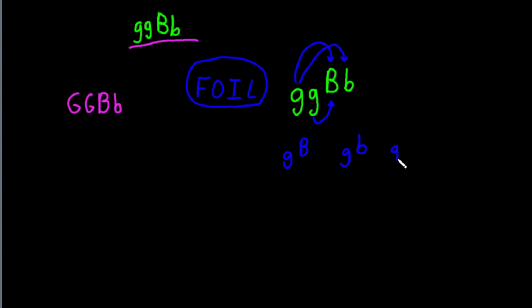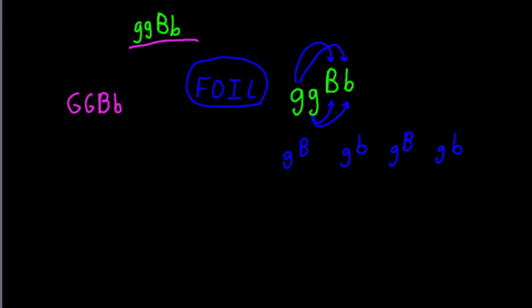Okay, and that's going to be little g, big B, and then last. And so that's going to be little g, little b. And you'll notice that some of these are the same, but that's because we had a homozygous parent here. All right, so that's going to be the gametes for that parent, and we'll put them on the side of the Punnett square in just a minute. You can go ahead and write those along the top if you'd like.